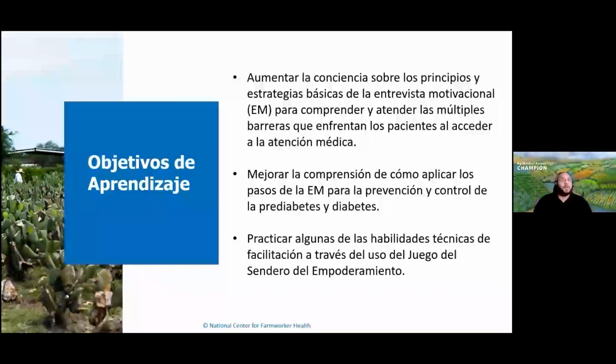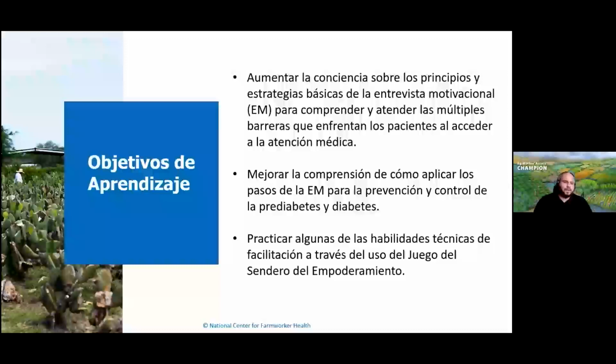In this slide here, we can see the learning objectives for this afternoon's session. We want to increase the awareness about the principles and the basic strategies behind motivational interviewing so that we can understand the different barriers that patients face when they're trying to access medical attention.